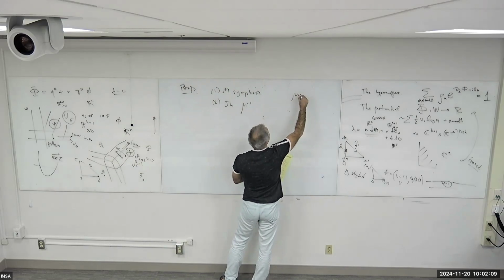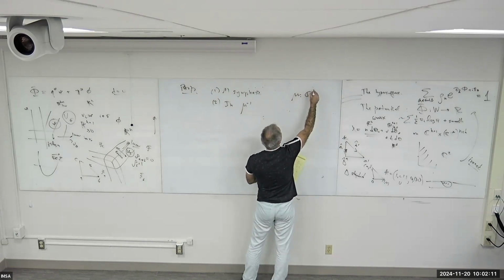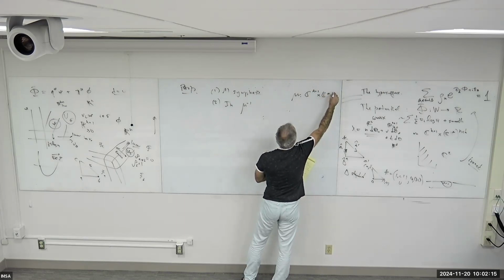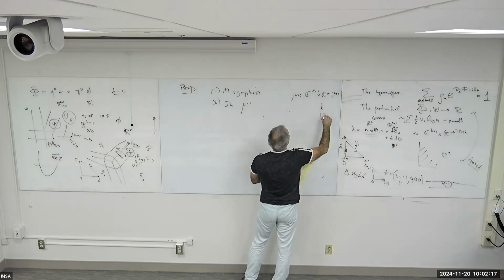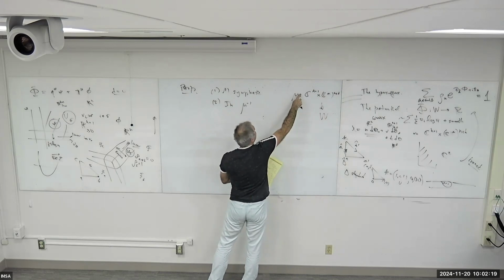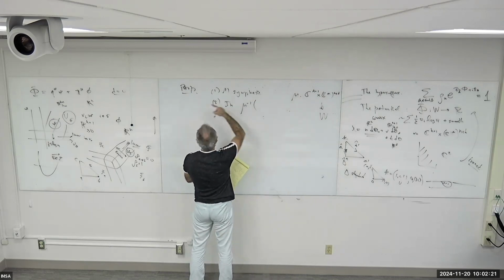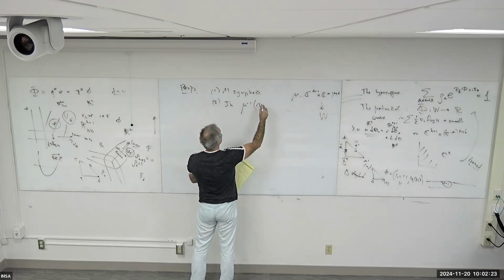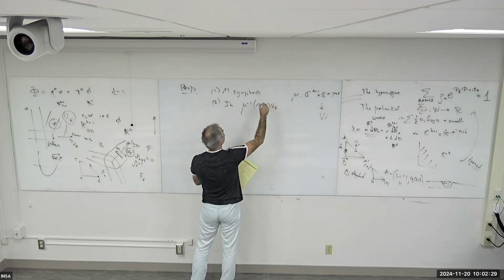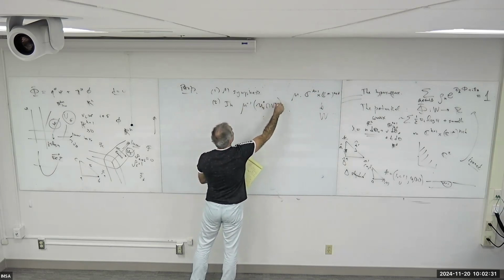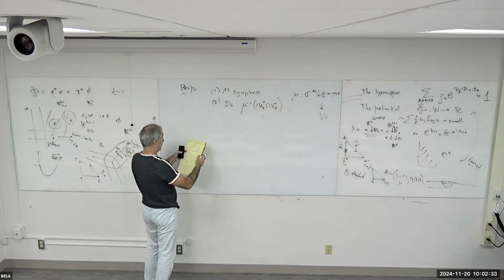So mu is a moment map for my toric variety, C^{k+1} times C^* to the D, into the wedge. Mu inverse of this neighborhood, U_tau times V_sigma, or maybe pulled back into the wedge, I have the following thing.